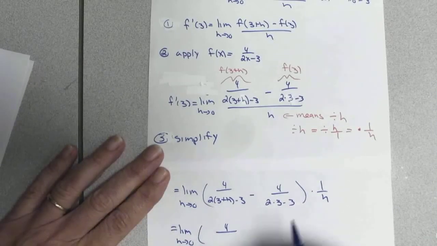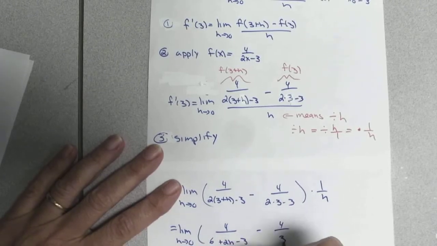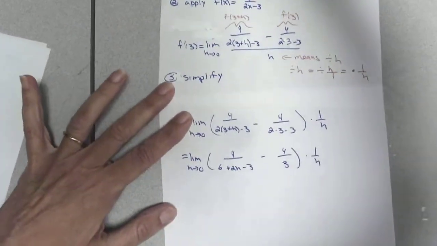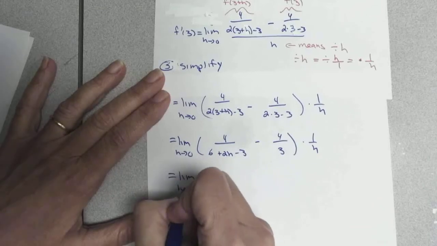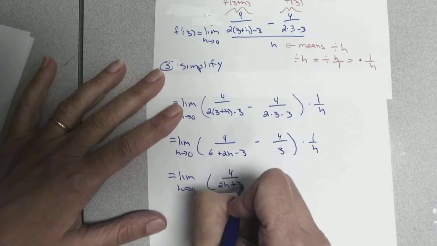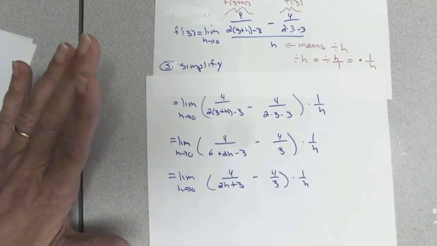And so I'm going to just do some basic simplification here. That's 4 over 6 plus 2h minus 3, minus 4 thirds, times 1 over h. Keep simplifying. The limit as h goes to 0 of 4 over 2h plus 3, minus 4 thirds, times 1 over h.